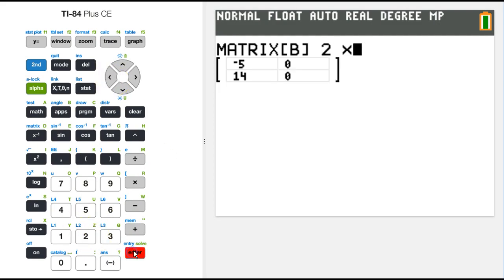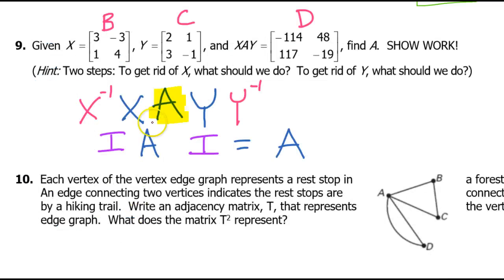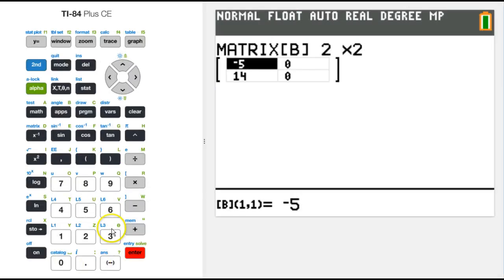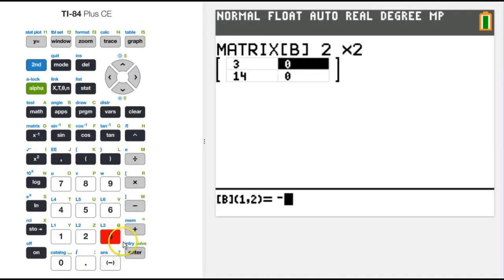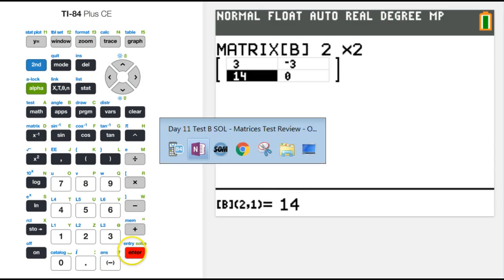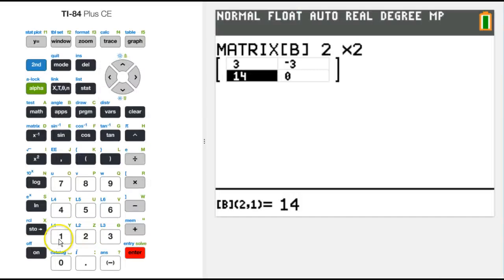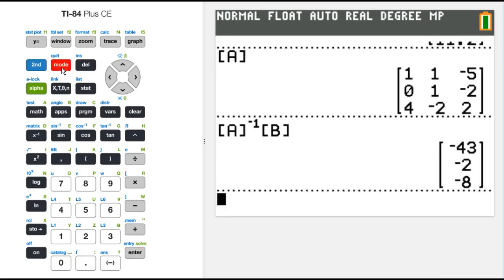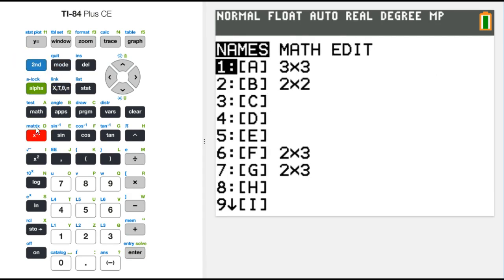Okay, so 3, negative 3, 1, 4. Okay. So I typed that in. I'm going to quit my way out, back to the matrix area.